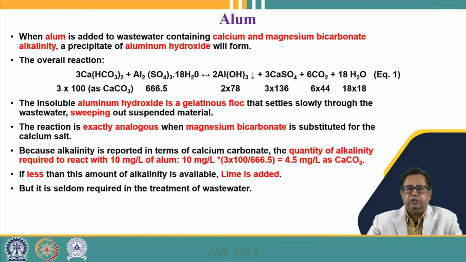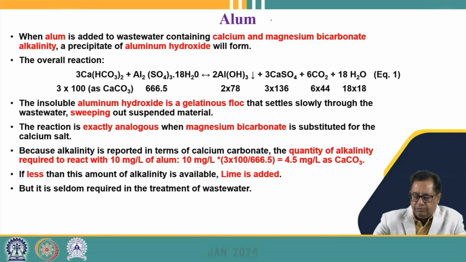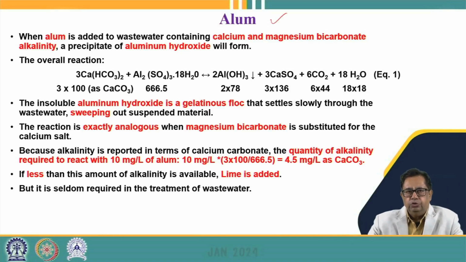Now we will discuss the various types of precipitants that we use for water and wastewater treatment. Alum is the most widely used precipitant. It is generally added to water or wastewater which contains calcium and magnesium bicarbonate as the alkalinity, and it precipitates in the aluminum hydroxide form.